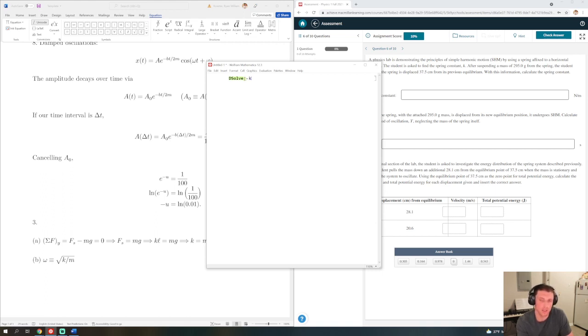So it would be negative k y of t minus mg equals m y double dot of t, right? This is not that different from what we did for the horizontal case. And I'm just telling Mathematica to solve this differential equation for me for y.